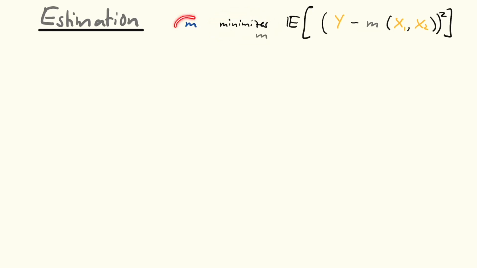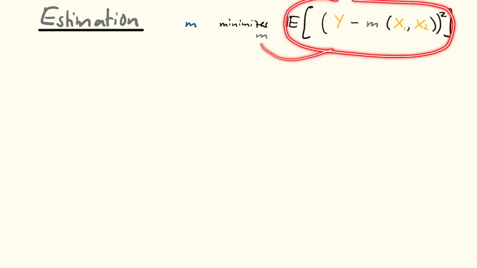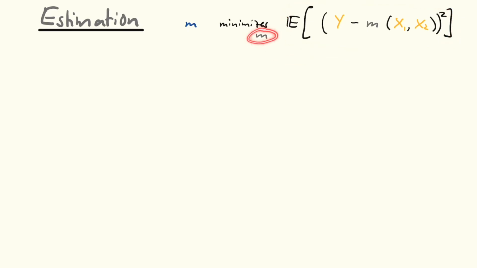So to find the conditional mean function, all we have to do is look at all possible m's, feed them into this criterion, compute the expected prediction error, and then in the end pick the m that gave the smallest expected prediction error. Now you may worry about how to do this computationally. After all, there are a lot of possible functions to look at.